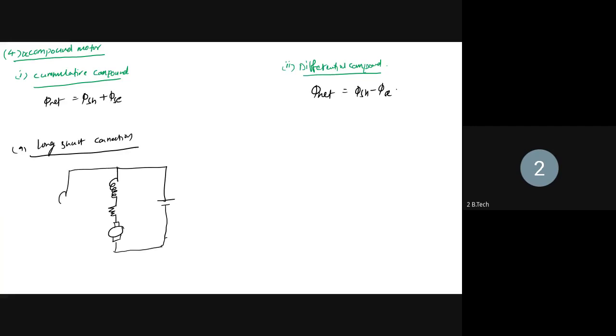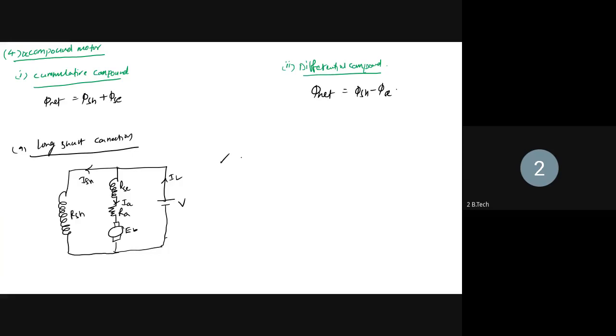And here we'll have the shunt field. The shunt field resistance is RSH, current here is ISH. Supply voltage V, the current here is IL. And the series field resistance RSC, the armature current IA, armature resistance RA, and here we have the back EMF.